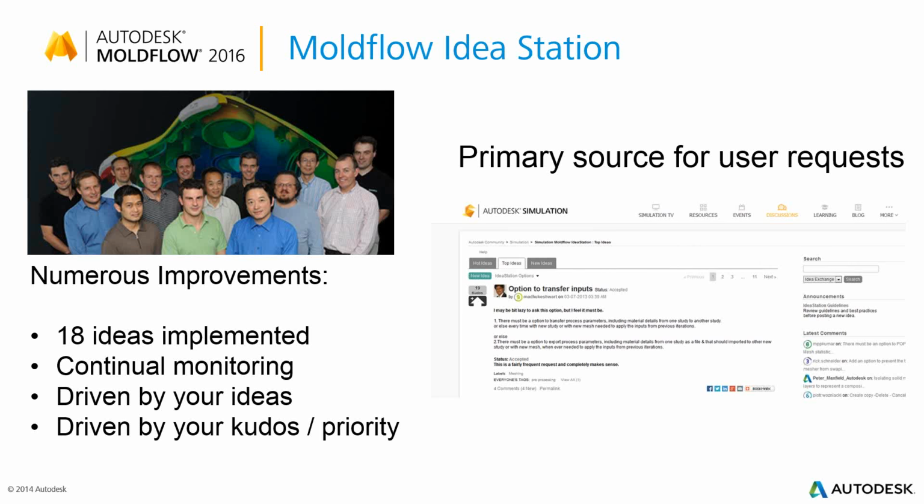The Idea Station provides a forum for people to request certain features, but also a method for providing kudos. So, for instance, this particular request is entered by someone, and then you can add your support to that request if it's useful for you too, and that provides a way for us to look at the highest impact features to address.